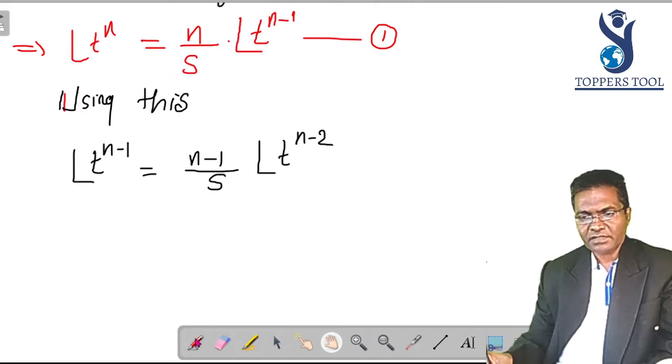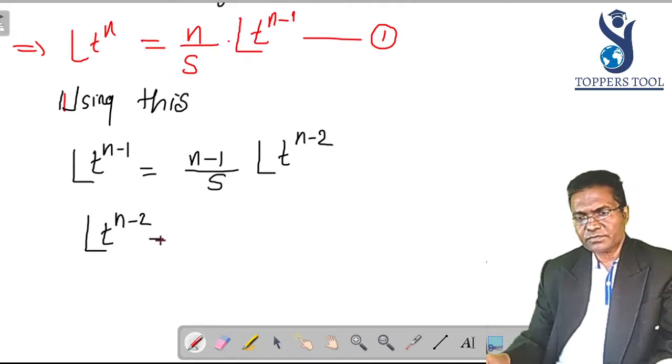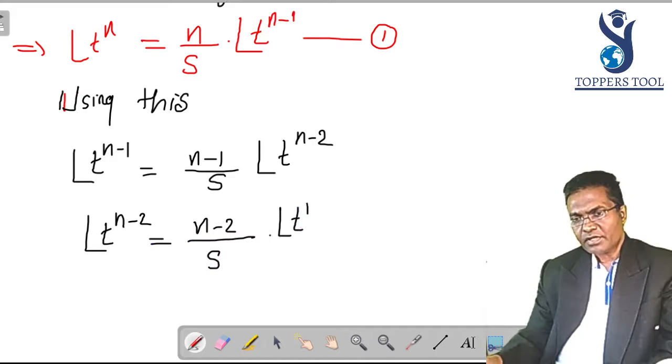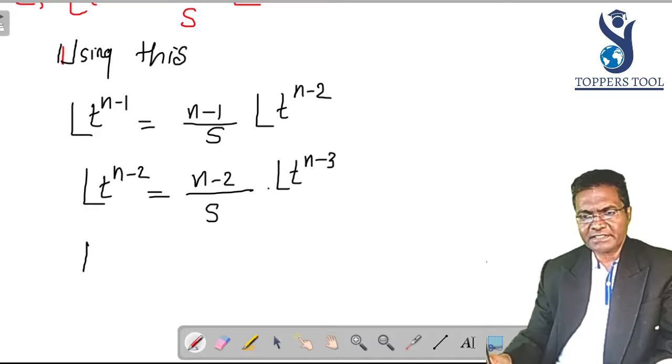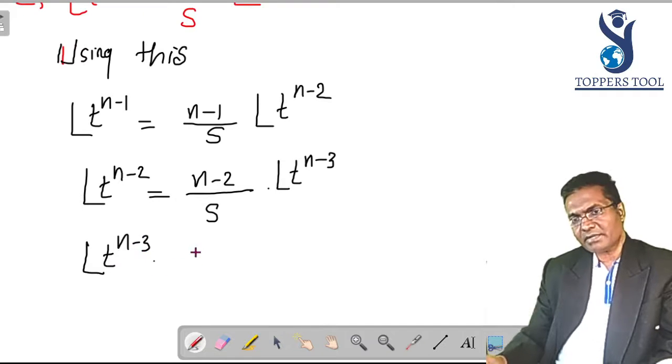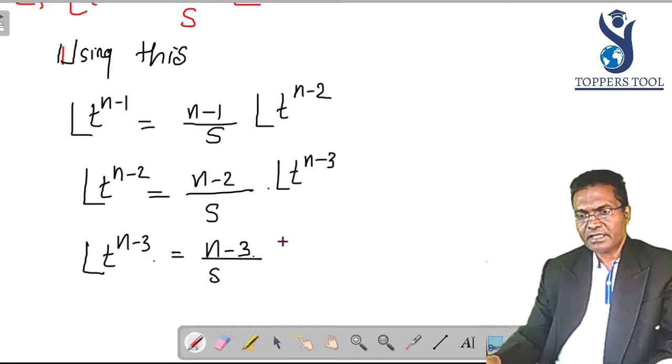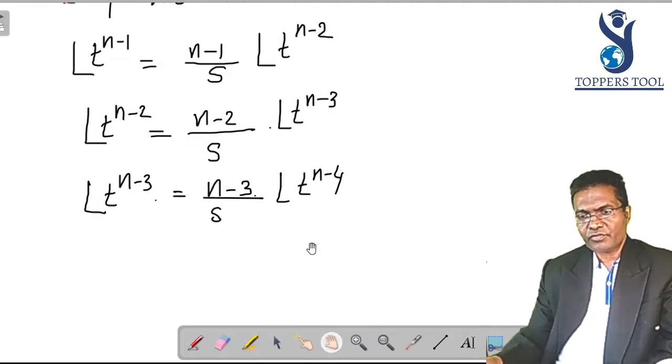Similarly, continue this. What is L of t power n minus 2? You'll get n minus 2 by s into L of t power n minus 3. It continues like this: L of t power n minus 3 is n minus 3 by s into L of t power n minus 4.